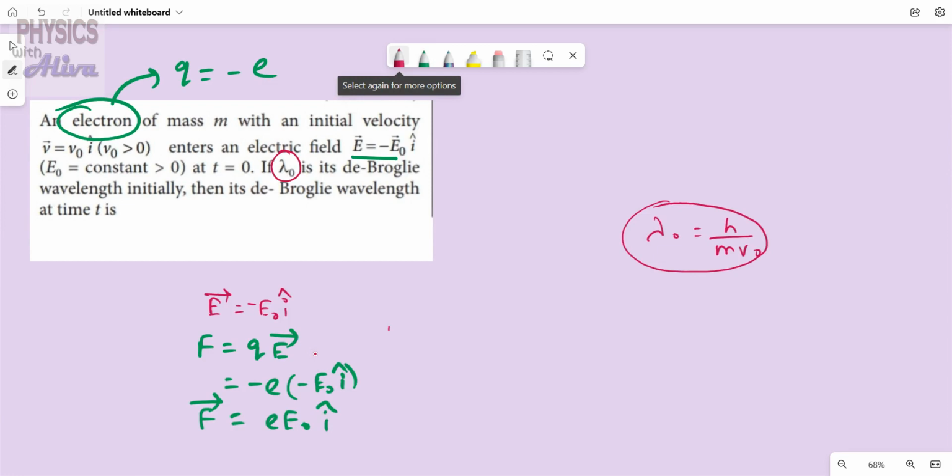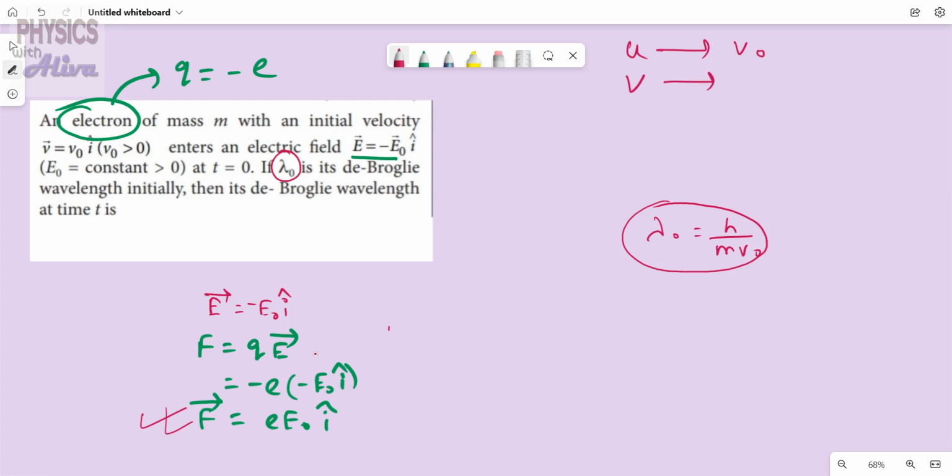Okay. At first the velocity was u, equal to v naught, and now the charge is going through an electric field, and due to that there is a force experienced by the electron, right? If we apply a force on a moving body, then the velocity of the body will change.